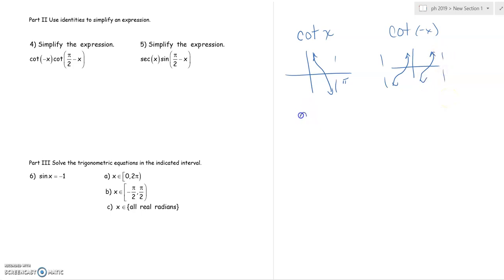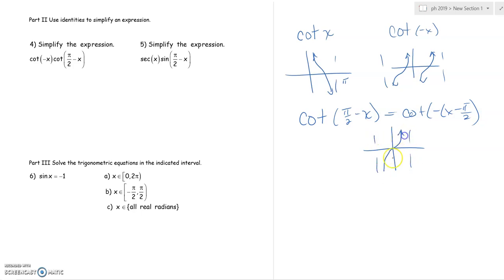And now for this other term that we have, it says the cotangent of pi over 2 minus x. Well, that's the cotangent of the opposite of x minus pi over 2. So it says take your gorgeous cotangent, reflect it over the y-axis, and then move it right pi over 2. So do you see how if we reflect the cotangent of x, and then move it right pi over 2, we actually have a tangent curve.